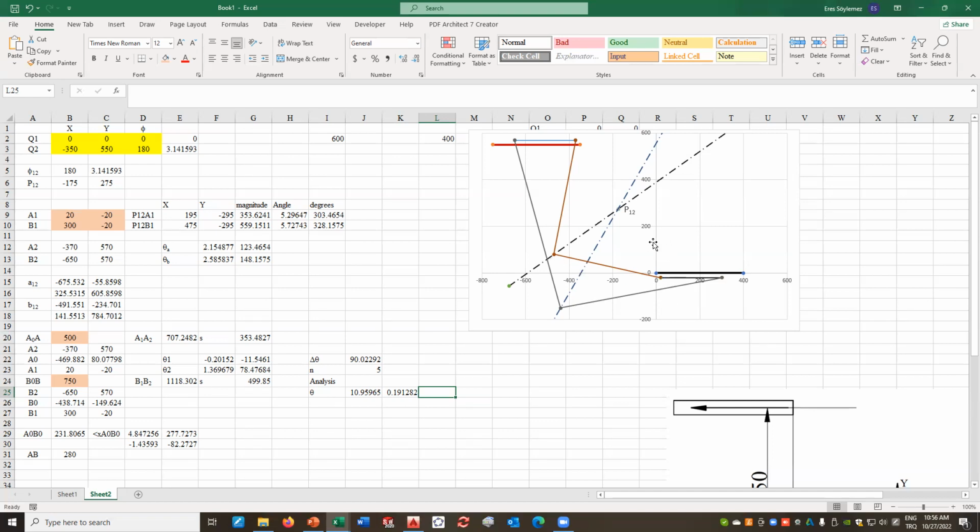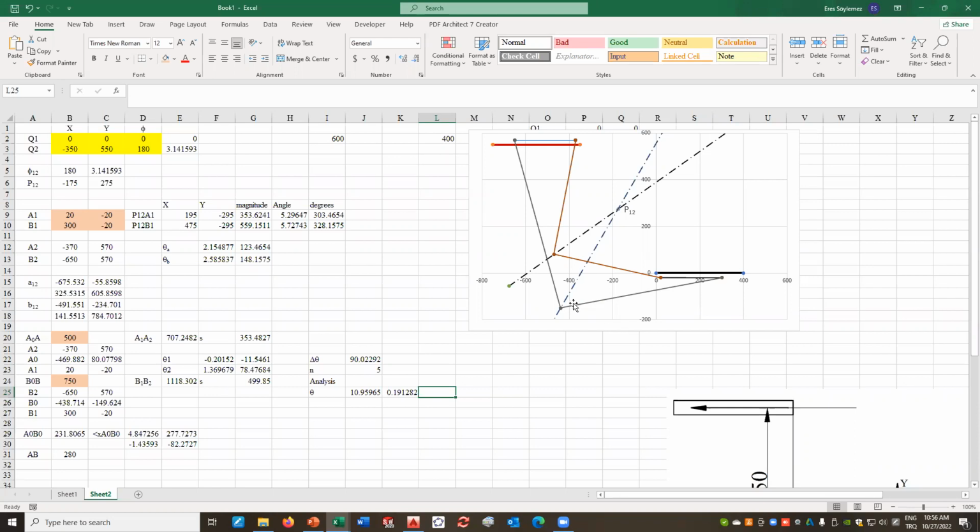This A0A has moved somewhere. I can determine the distance B0A for that position. You're solving the triangle B0, A0, A. A is not here, it's somewhere here. First I solve that triangle, and then I solve the other triangle. That's one possibility.